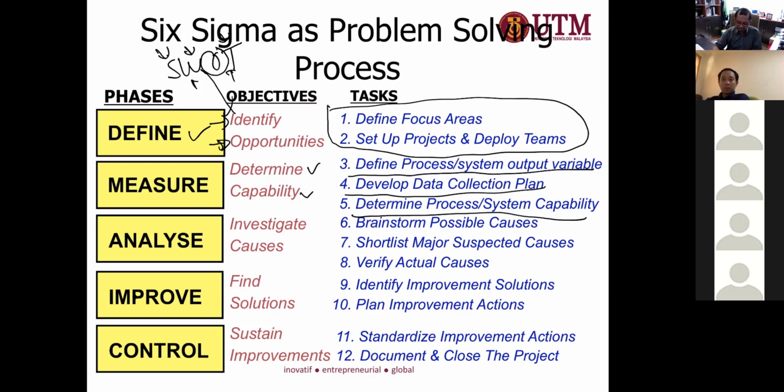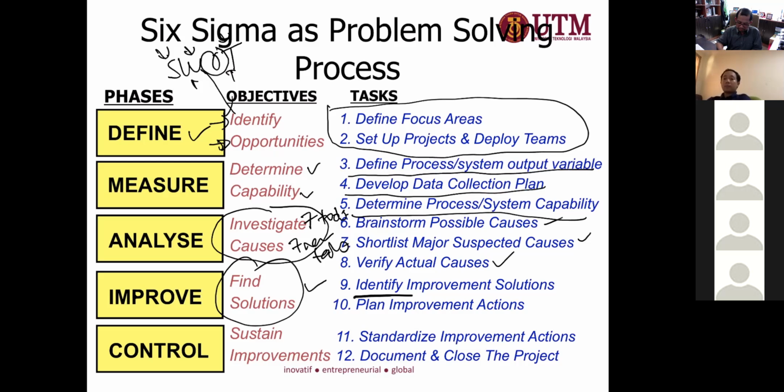Determine process system capability, Cpk. Then in analyze, you have to investigate the causes. Maybe you can use the 7 tools or 7 new tools. Find out the causes, verify the causes, and also with the tools, we can find solutions.